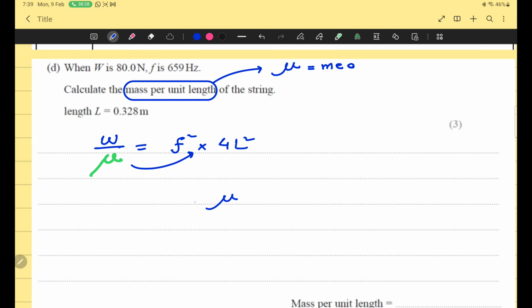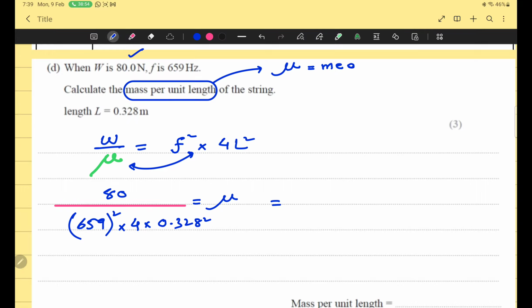So I'm interchanging the position of these variables. Sir, weight is 80 Newton. Frequency square. Sir, frequency is 659 square 4L square. Sir, L is 0.328 square.